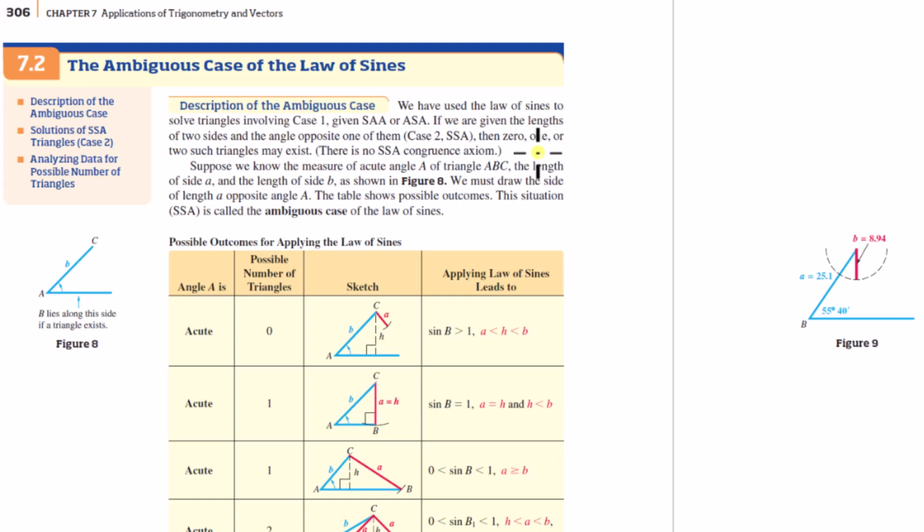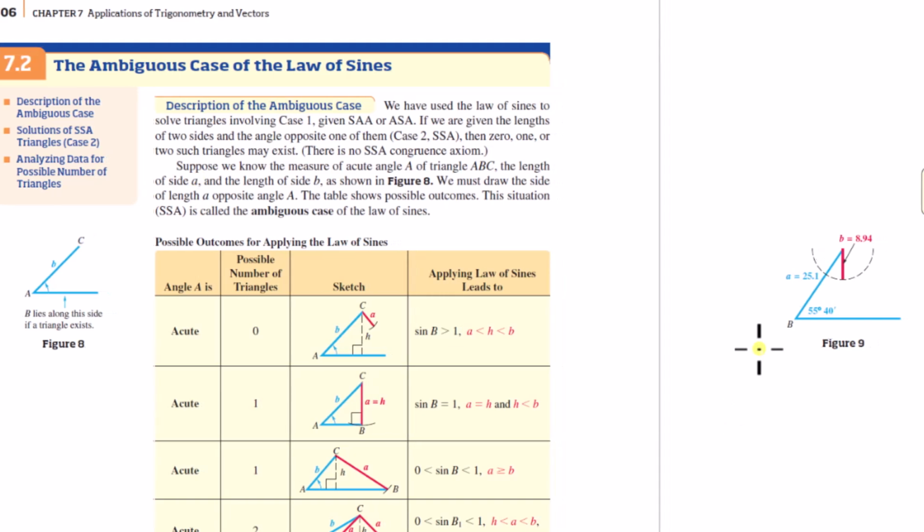It corresponds to the congruence cases. There's only one unique triangle that works. Great. Or there might be two triangles that work with those constraints. And that's as ambiguous as the ambiguous case of the law of sines gets. The worst case scenario of ambiguity is that there are two triangles that satisfy the criteria.